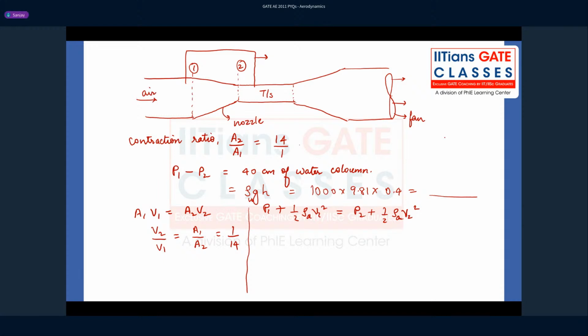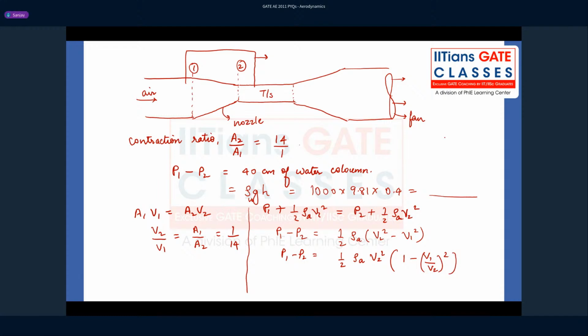Okay. So from here, you know P1 minus P2. Okay. So P1 minus P2 is going to be half rho air times V2 square minus V1 square. Okay. So from here, P1 minus P2 is equal to half rho air, take V2 square common, times 1 minus V1 by V2 the whole square.